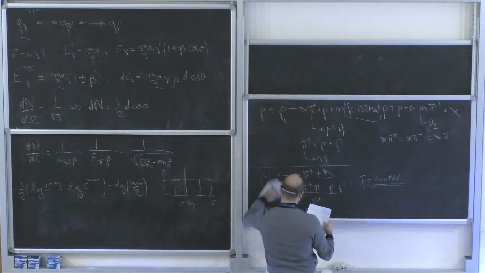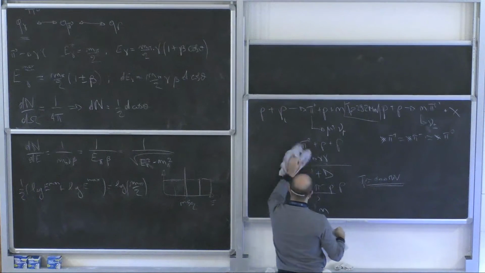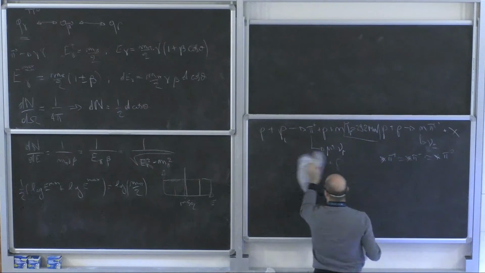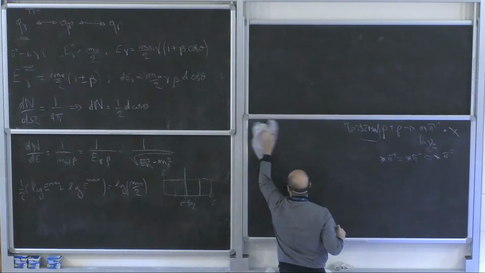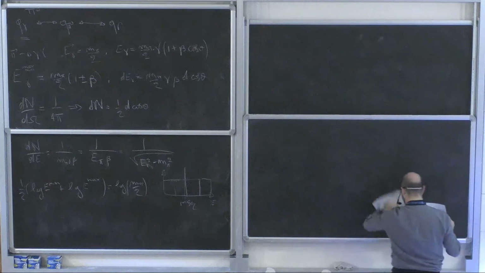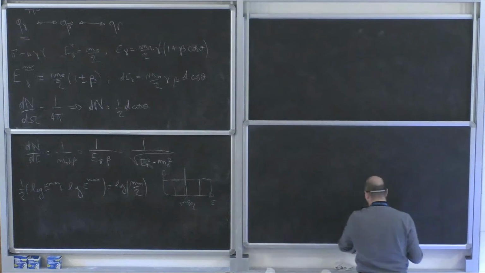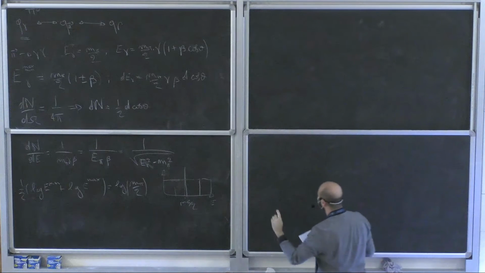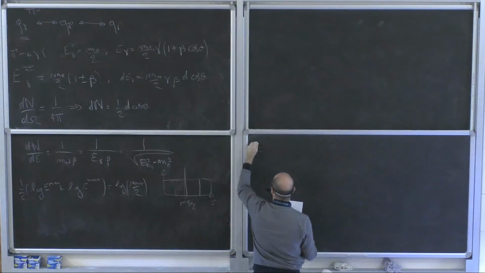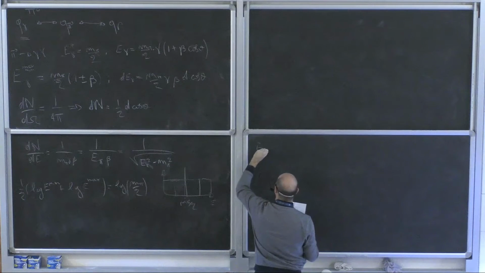Well, the pion energy is related to the proton energy through the inelasticity of your process, within some limits, but for the analytical results I want to obtain, let me write this approximation.